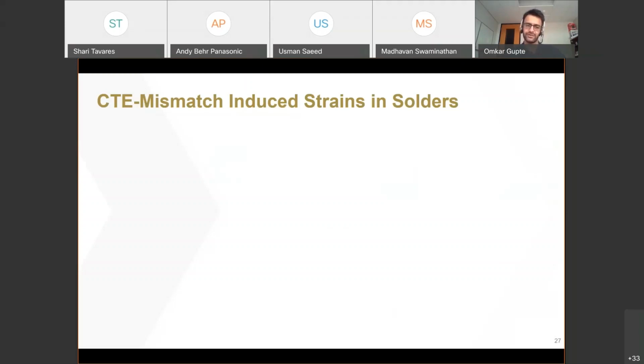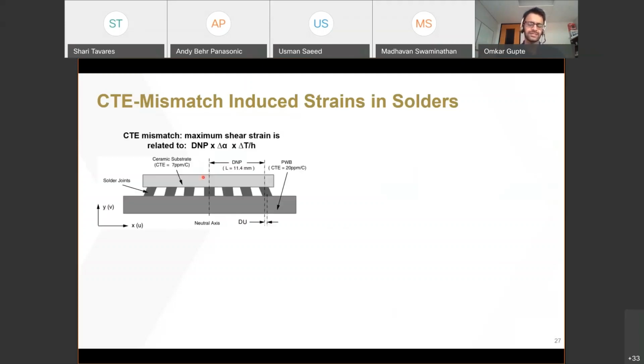Mainly these stresses and strains are induced because of the mismatch in the coefficients of thermal expansion between different materials, for instance the silicon chip, the organic package, organic board, or silicon package as well. These stresses and strains lead to reliability challenges.